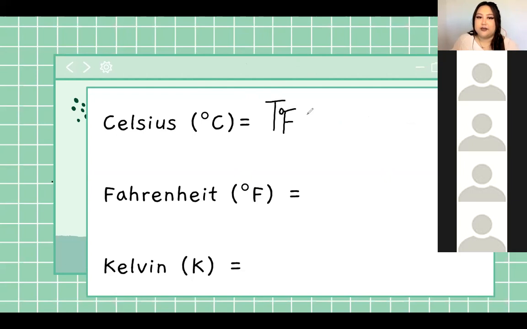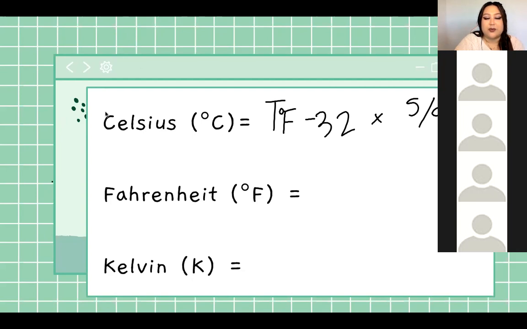Okay, so T_F, Fahrenheit, right? T_C minus 32 times 5 over 9 is in your textbook. Does everyone see where the 5 over 9 is? Does that look familiar?